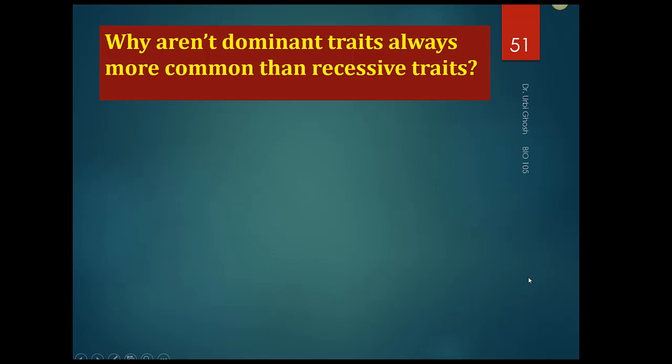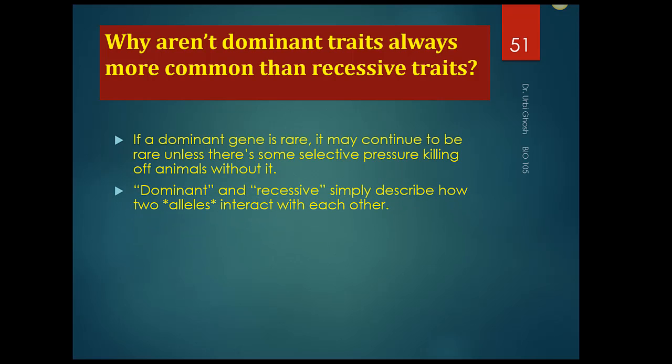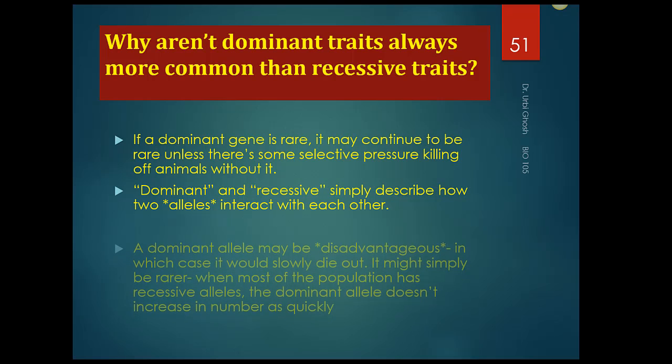So why aren't dominant traits always more common than recessive traits? Well, if a dominant gene is rare, it may continue to be rare unless there's some selective pressure killing off animals without it. Dominant and recessive simply describe how the two alleles interact with each other, not how common they are.